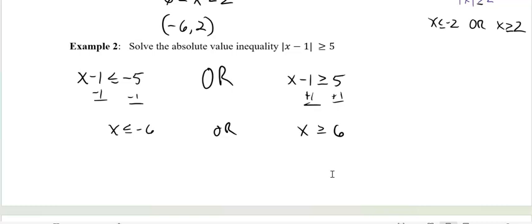Okay, on the number line, if you had to graph that, there's 0, here's 6, here's -6. It's all these values out here, shaded, going that way. And all these values out here. Anything out here is a solution to that inequality.